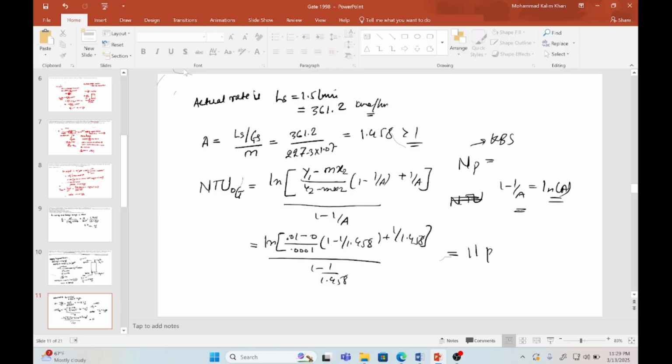Around 11 plates. I think the answer is not correct; maybe I have made some calculation mistake. So this is the formula, just check the answer.